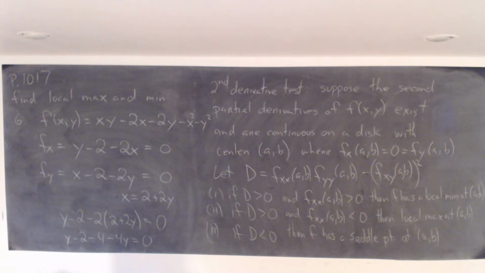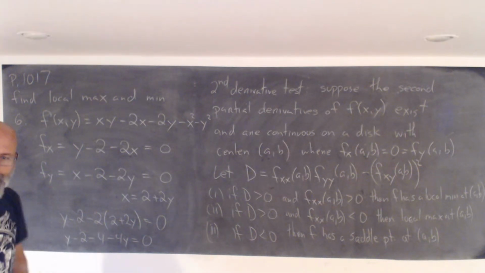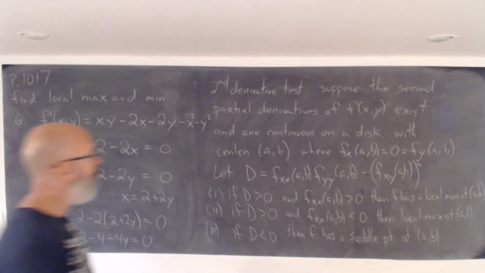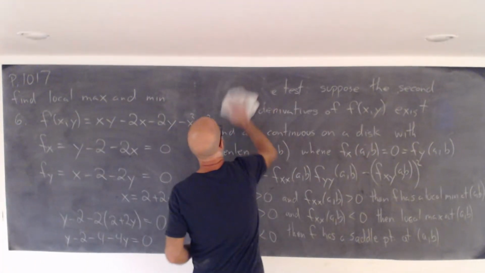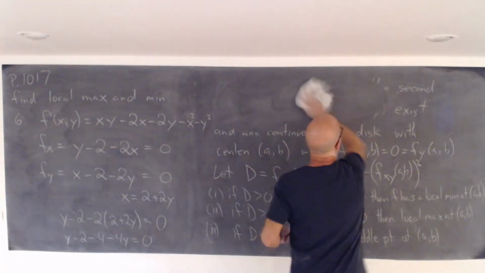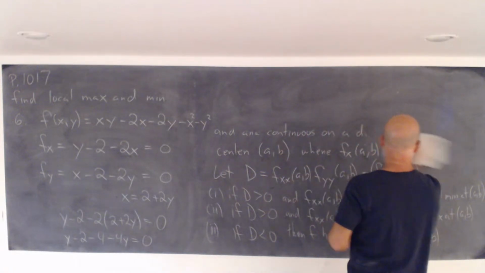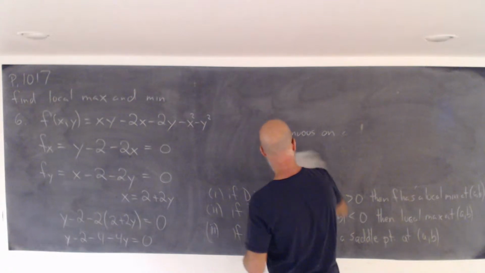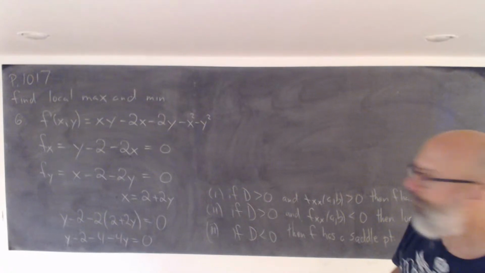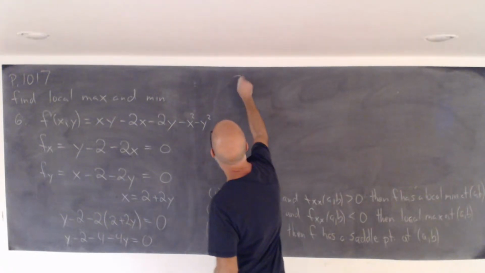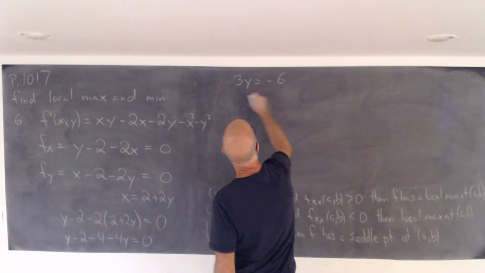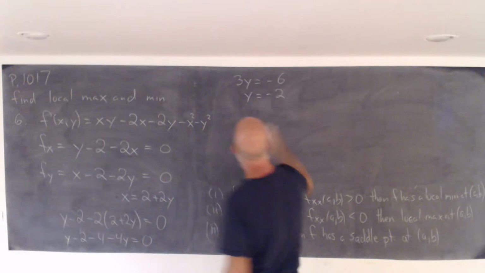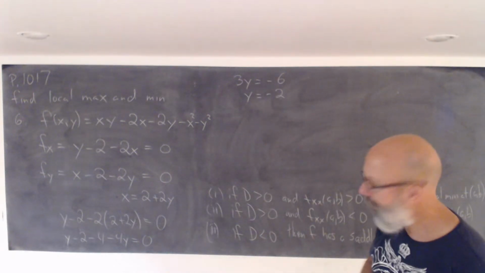So 3y is equal to negative 6. y is equal to negative 2, is that correct?